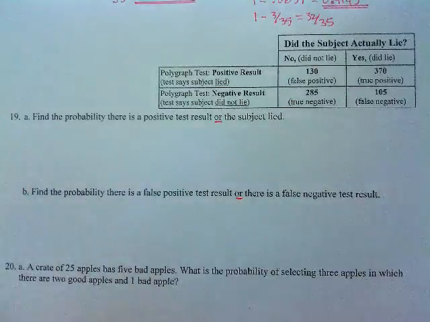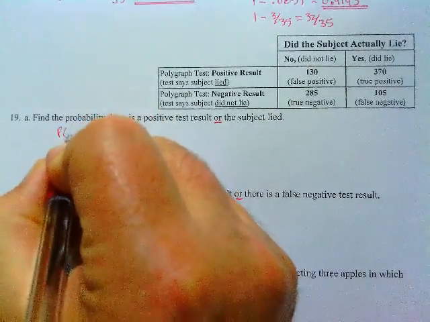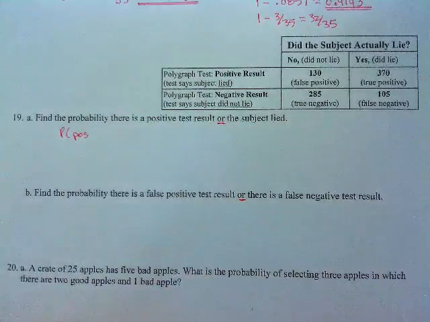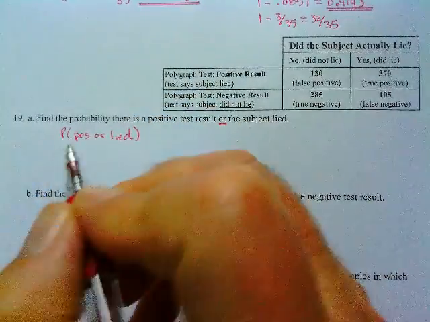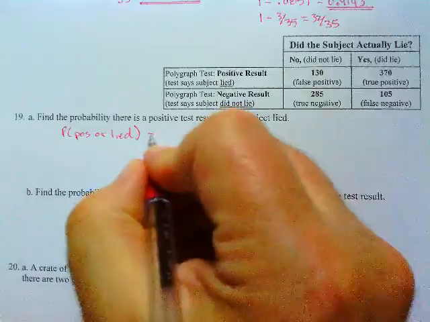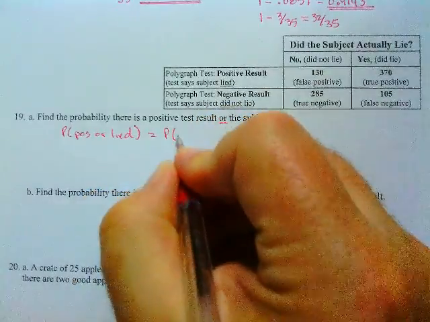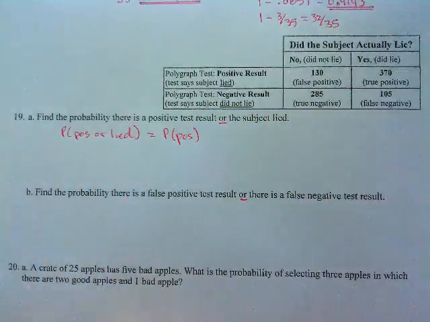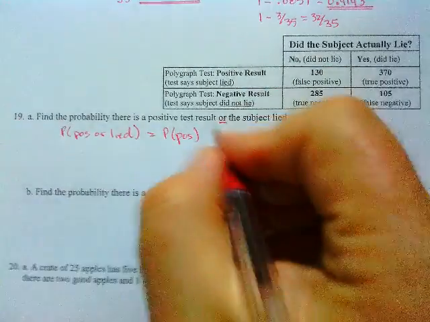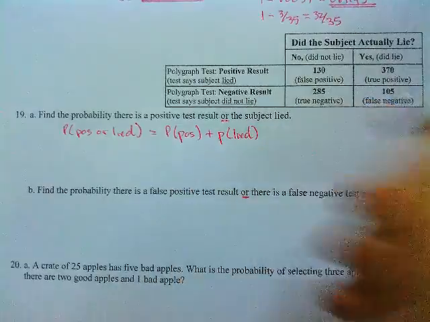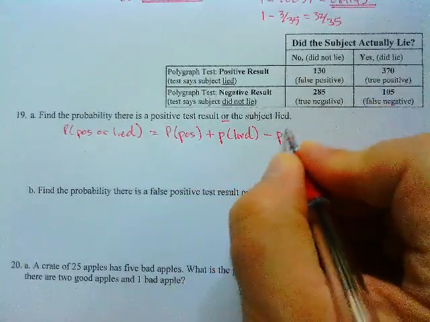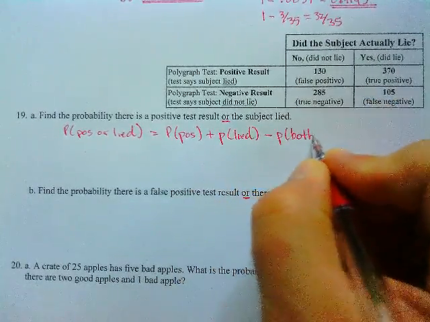So first off, the probability of a positive test result, or they lied. So that's going to equal the probability of having a positive test result plus the probability that they lied, and then subtract the both case.